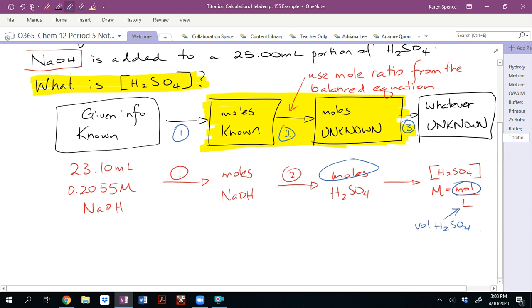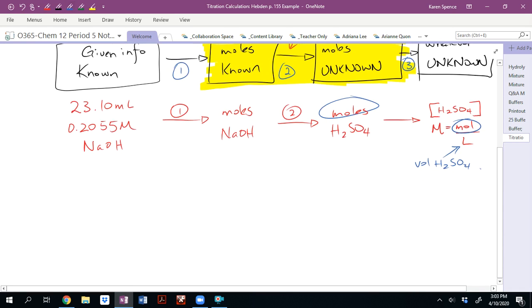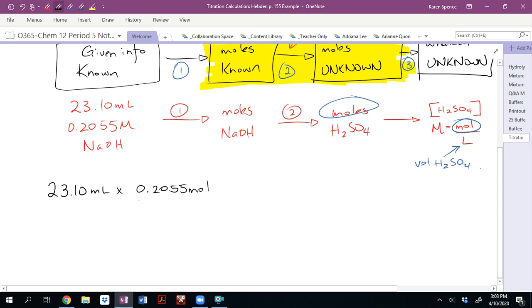Okay, so let's do this. I am going to work in millimoles to save that extra conversion step. So we are starting with 23.10 milliliters times 0.2055 moles per liter. And what is that moles of?